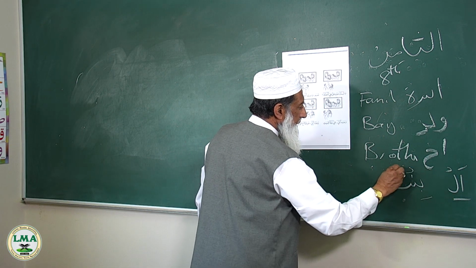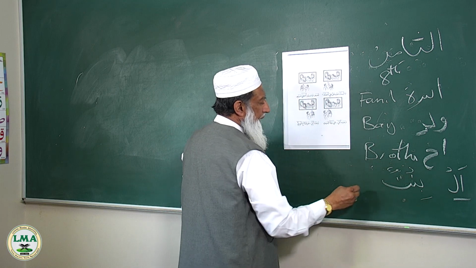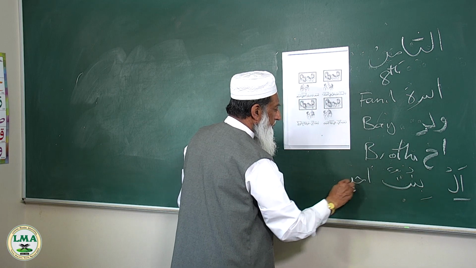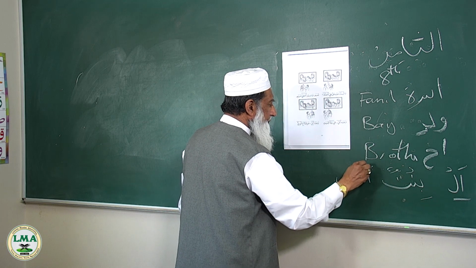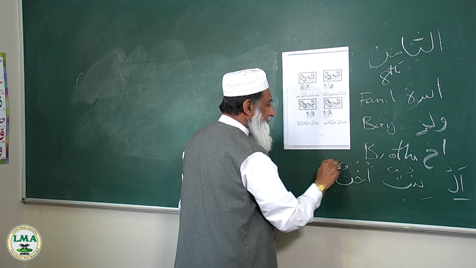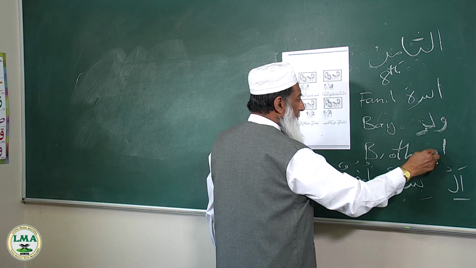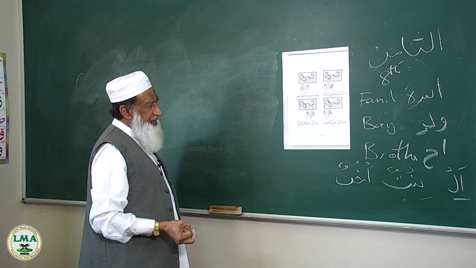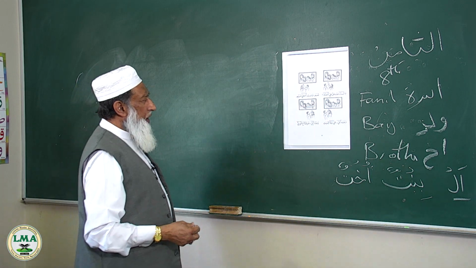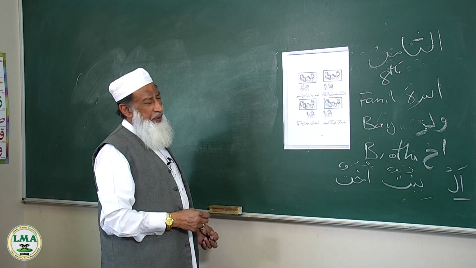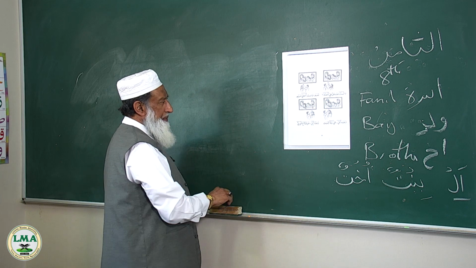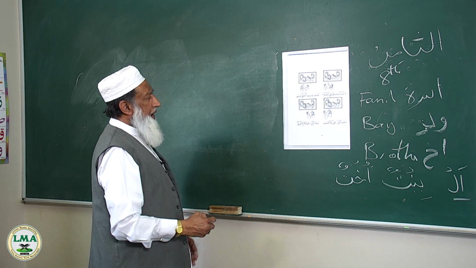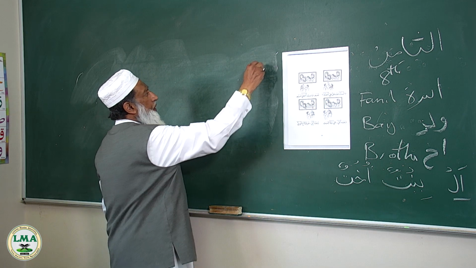So bintun, and then we had ukhtun. So waladun, akhun, bintun, and ukhtun. May Allah Ta'ala grant us brothers and sisters if we don't have, and we should look after them and respect them and play with them and keep them happy all the time. Right, let's go to the next one here.